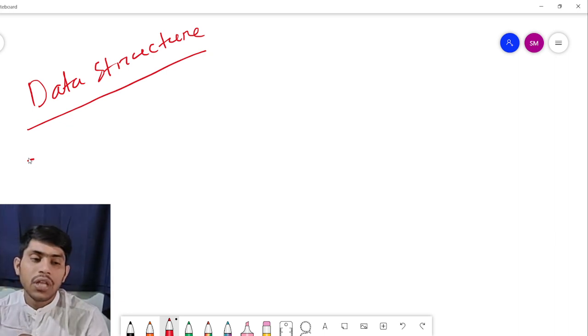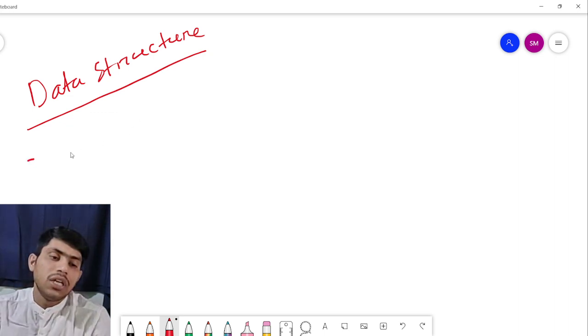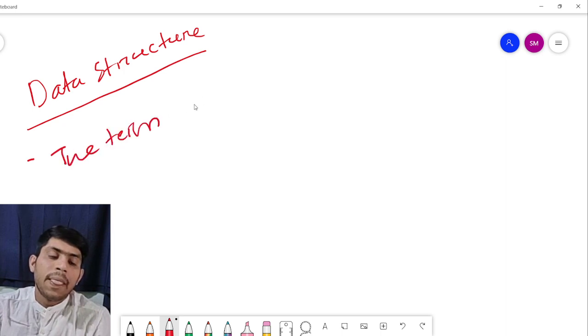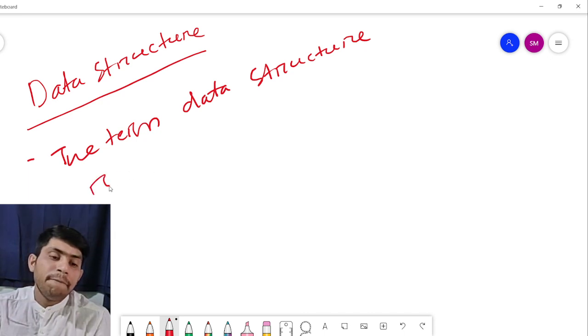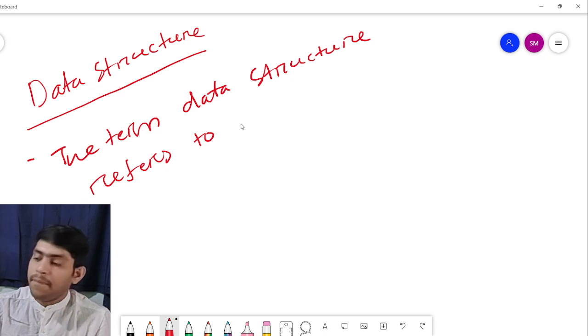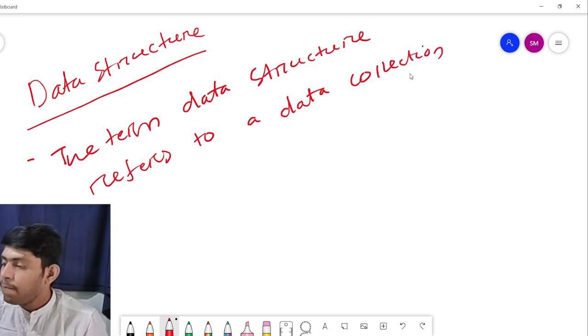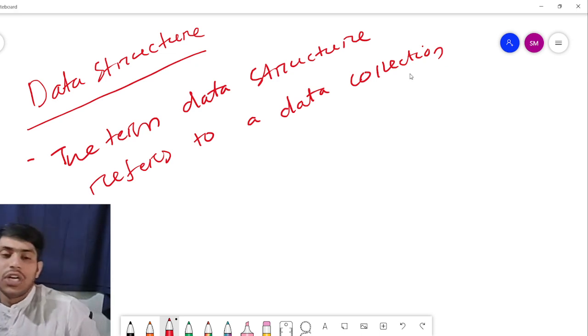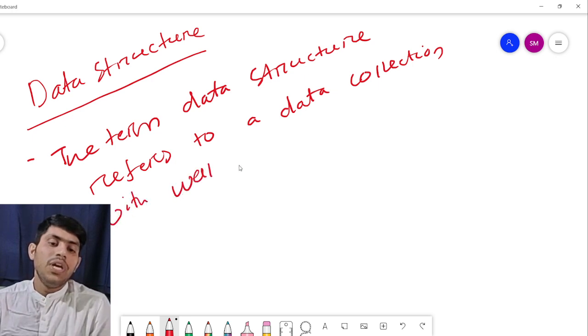So what it is telling is, the term data structure refers to a collection of different types of data with well-defined operations.